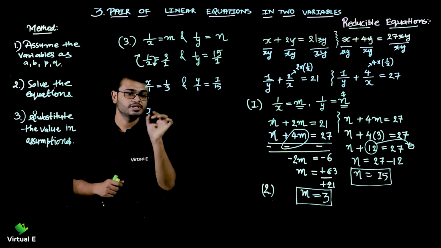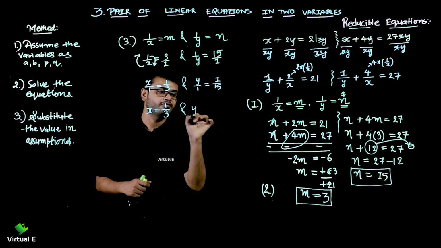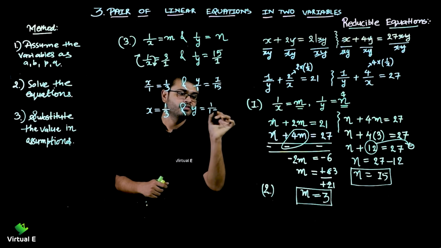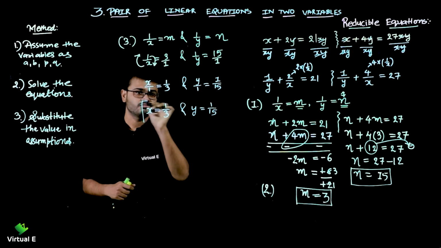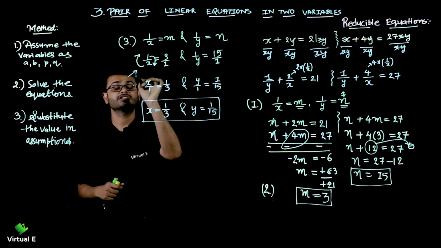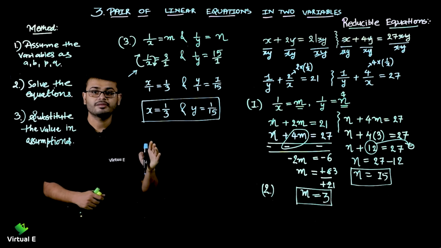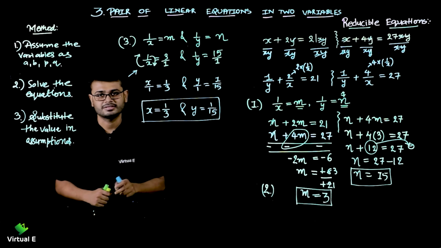So my solution is x is equal to 1 upon 3 and y is equal to 1 upon 15. This is my final answer. If you are stopping your sum at this point, you have not got the final answer. Your sum is correct, but that is not the final answer, right?